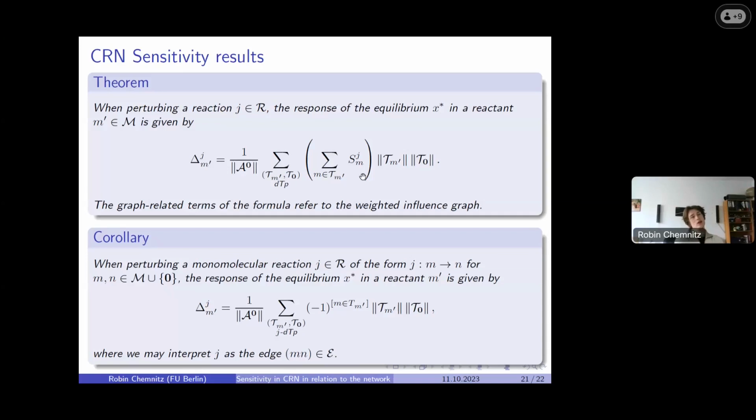Well, when they cancel, then you might be able to find very specific sensitivity patterns, for example, where you want to increase a certain reactant, but you don't want to touch the equilibrium of others. Let's say we're in drug design for some metabolism.